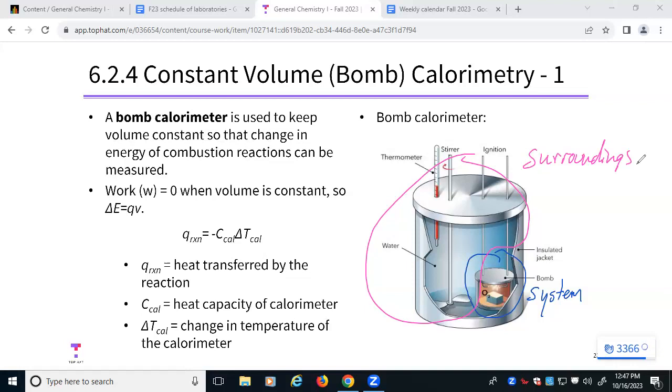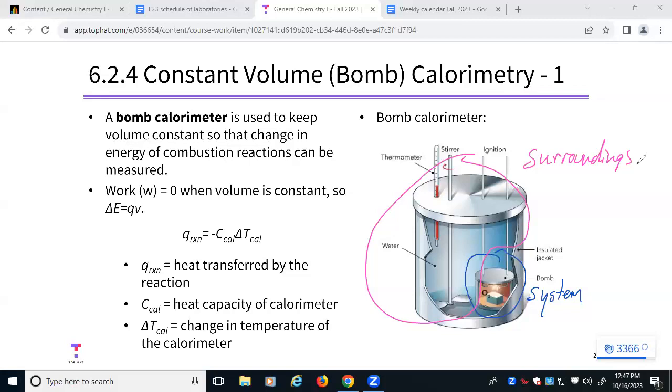But this is where our first law of thermodynamics can actually be used. It can be handy here. Because since we're looking at the first law of thermodynamics, we know that any change of heat that happens in the surroundings is going to be met by an equal and opposite change in the system.